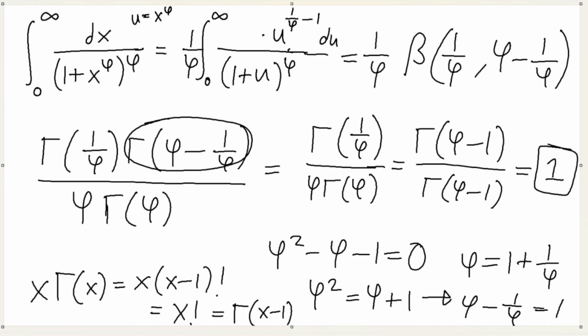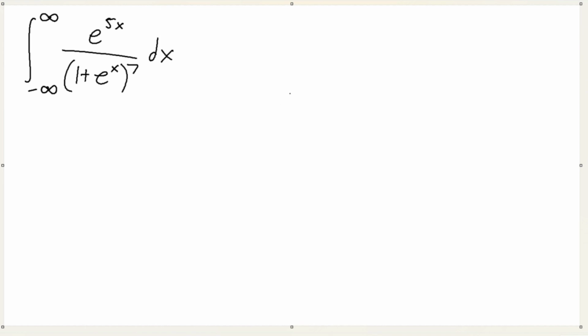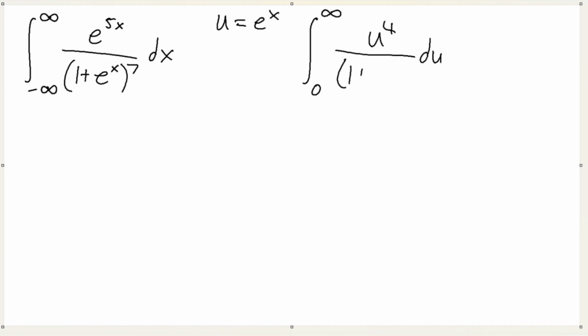I like this example because it helps us remember this useful property here. Now, I think we know what to do here. We already know what this looks like: a beta function. So let u equal e to the x, and this will give us the integral from 0 to infinity of u to the power of 4 du over 1 plus u to the power of 7.